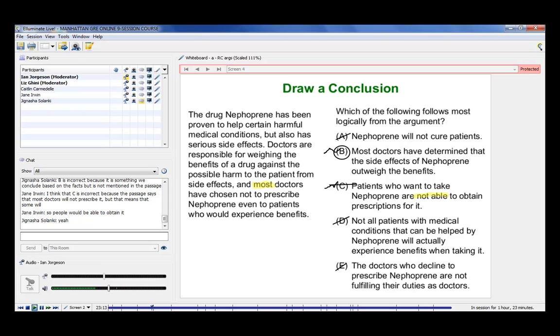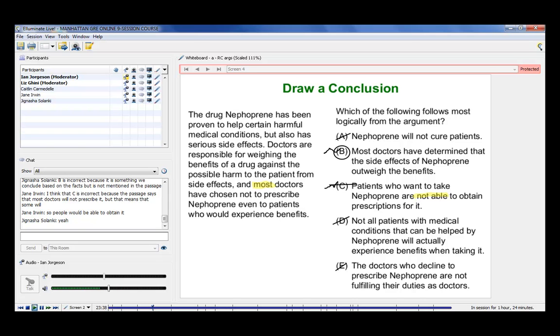The answer doesn't necessarily have to come directly word for word from the passage, but it has to come from something pretty close to what's in the passage. In other words, I cannot make an answer that is making a prediction, let's say, about what doctors will do in the future or something like that, no matter how likely that is to be true, at least given this argument.